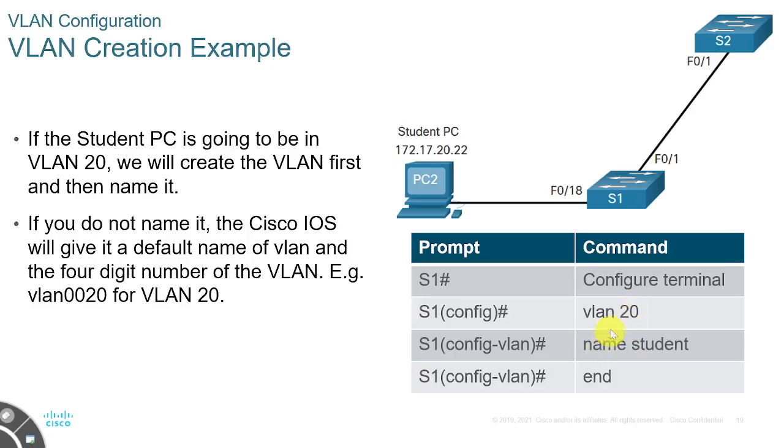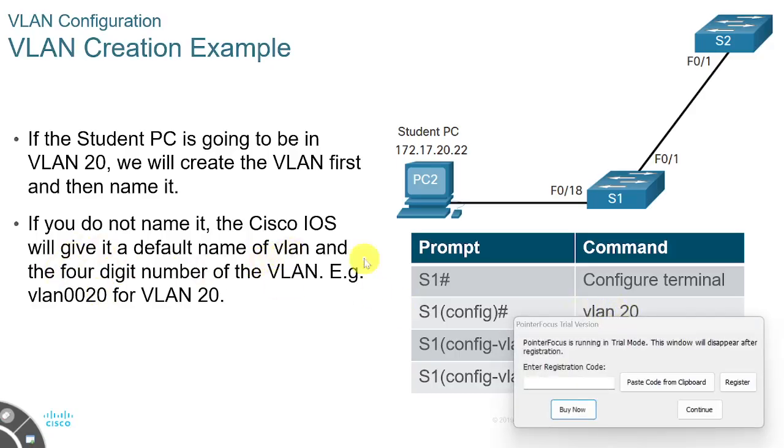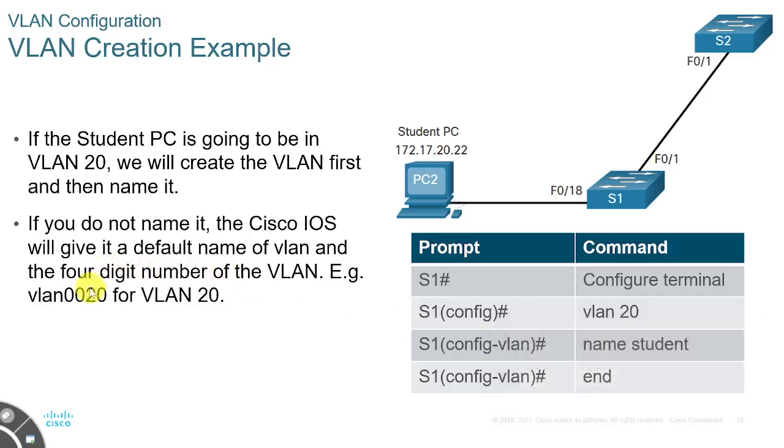Then name, you add the VLAN name student, and you end. If you don't add a name, you will get a default name with 4 numbers: VLAN0020, and for VLAN 30, VLAN0030.